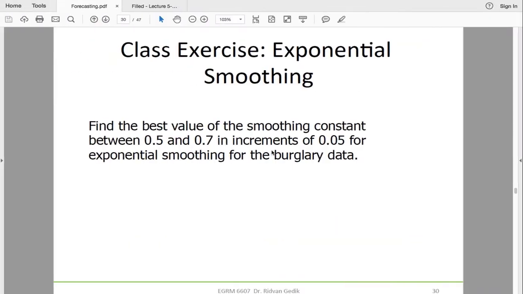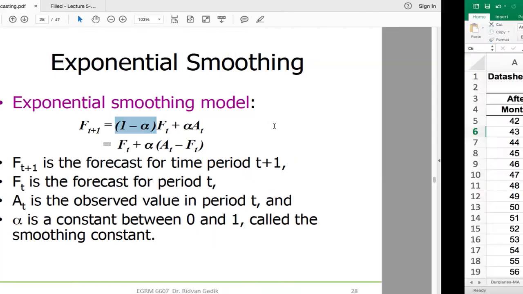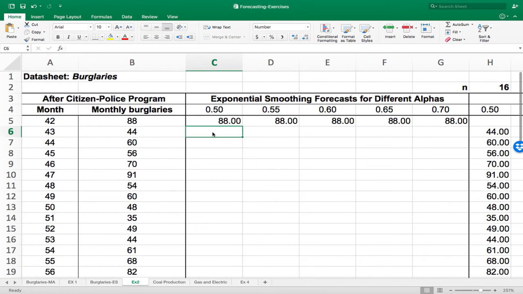So if you remember, this was our function, right? So when I come here, F(t+1), my forecast value for the one period ahead, is going to be equal to (1 minus alpha) times F(t) plus alpha times A(t). Okay, so let me come here. So what is my formula? My formula is equal to, my forecast here is 1 minus my smoothing constant C4, that's right there, times my F(t).